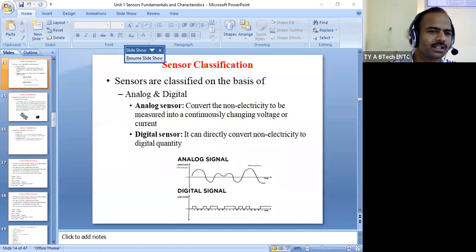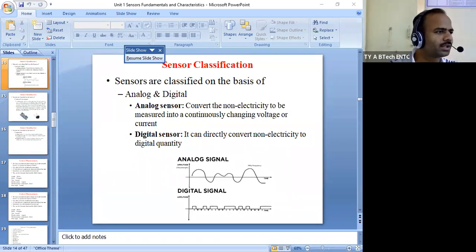Related to that, the sensors are classified on the basis of whether they sense the parameters or quantities by the method of direct contact or non-contact. Contact type of sensors and non-contact type of sensors.